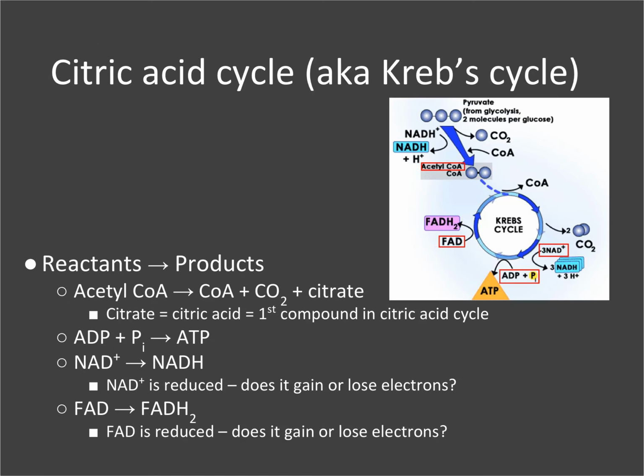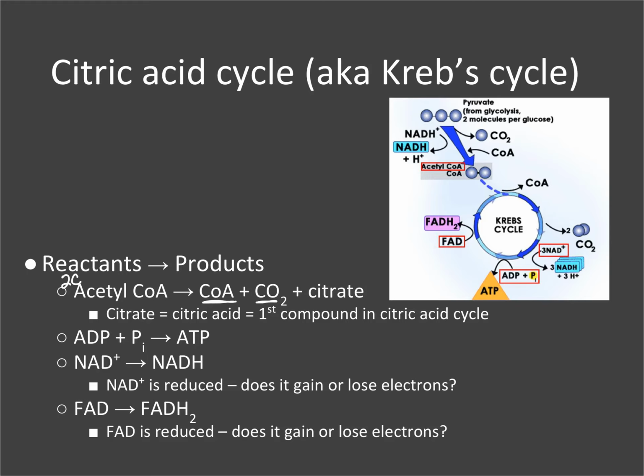So taking a look at the overall reactants and products of the citric acid cycle, we're going to start with our 2-carbon acetyl-CoA that goes in. Now that 2-carbon acetyl-CoA goes into the citric acid cycle, and what happens is it ends up releasing that coenzyme A, and one of those carbons breaks off to form carbon dioxide.